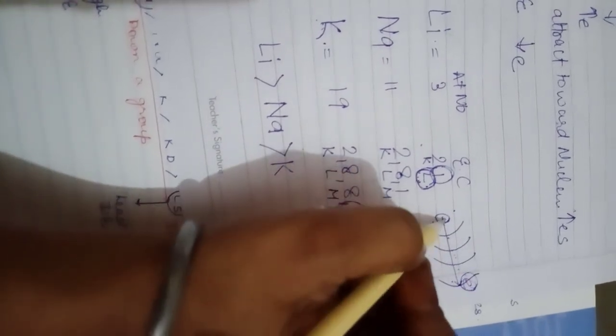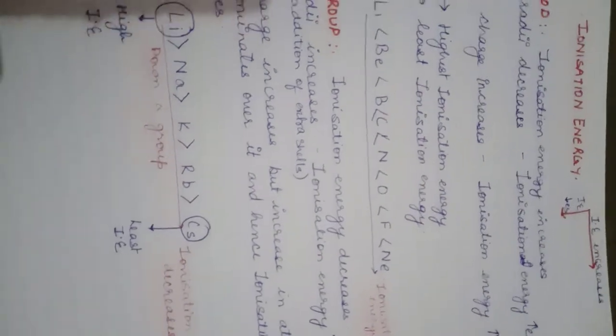As the number of shells gets added, distance from the nucleus increases. So attraction of the outermost electron with the nucleus will be what? Less. Hence very easy to remove. So this is your ionization energy, and this is a very important topic.